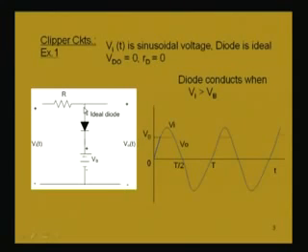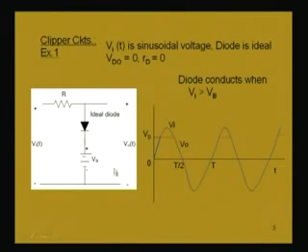When Vi is less than VB, P is at a lower potential than N. So the diode does not conduct, it is like an open circuit.